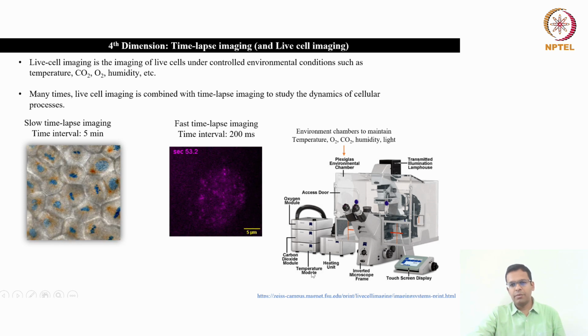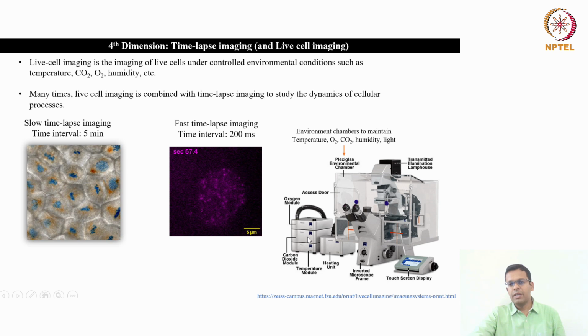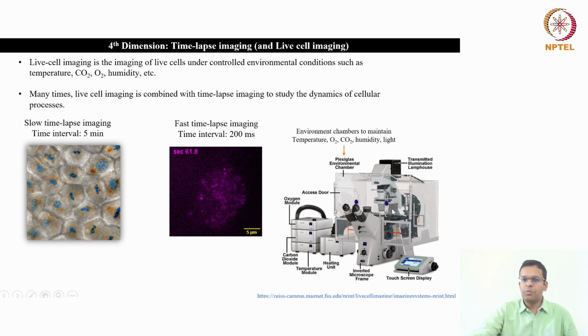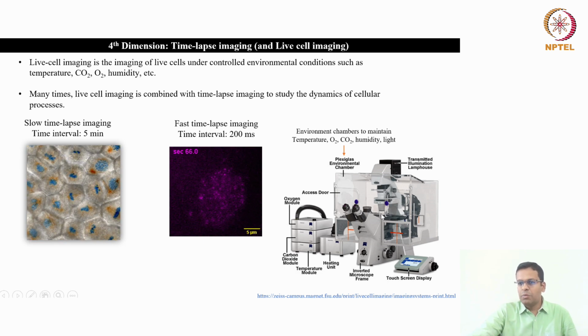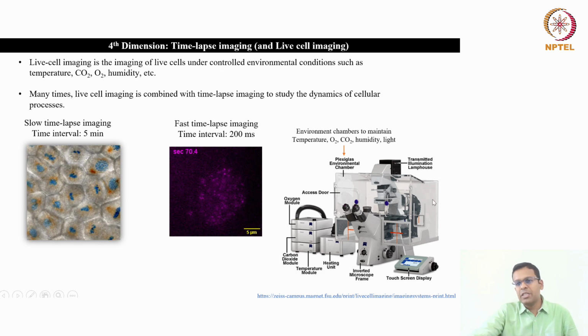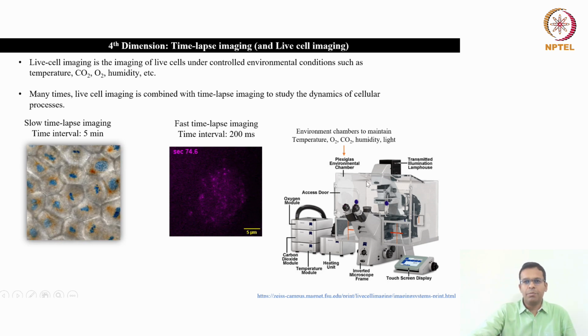Here you can see the temperature module, carbon dioxide module, and oxygen module. This hardware maintains the specific temperature, humidity, oxygen and carbon dioxide levels inside this chamber, and you put your cells or samples on the stage. So the live cell imaging microscope looks like this, with a closed chamber to maintain the environmental parameters.